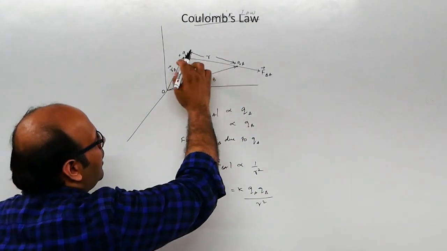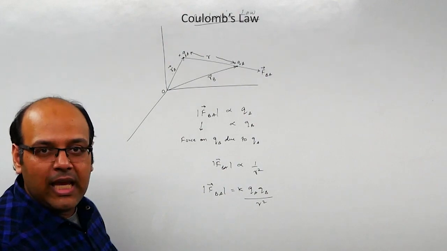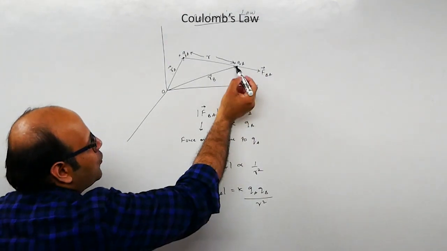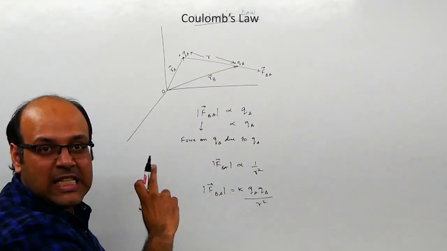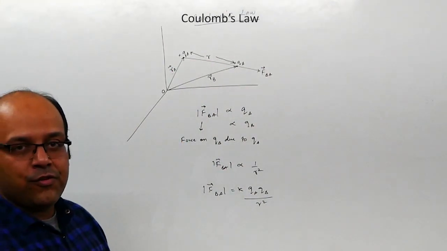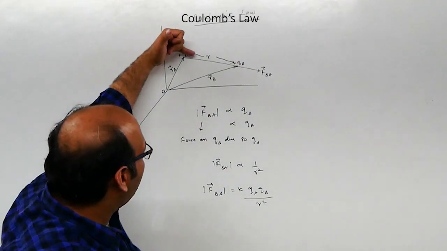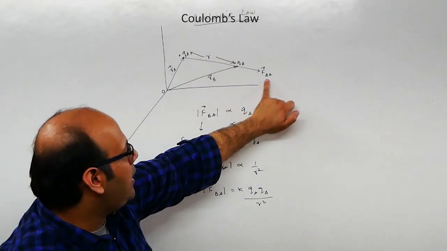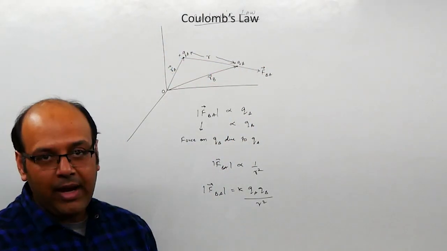Had they been unlike charges, then B would have been attracted towards A, in which case the force would have been in the direction from B to A. Since they are like charges, the force is repulsive and therefore the force on B due to A will be in a direction from A to B.